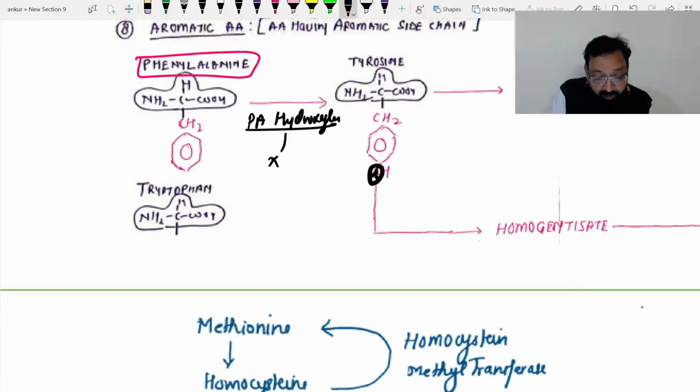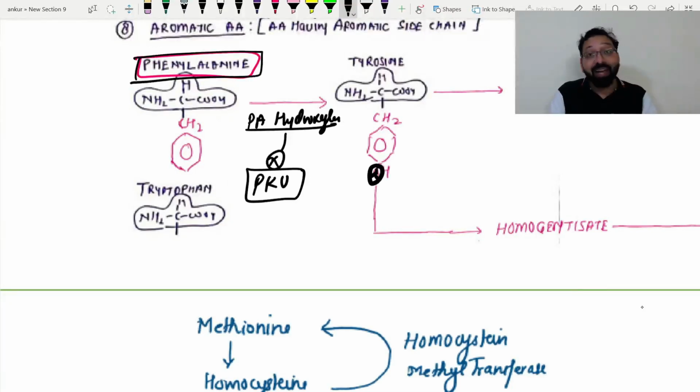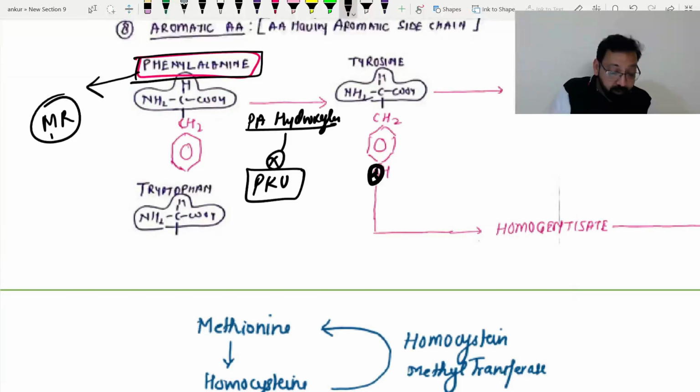If phenylalanine hydroxylase is deficient, it is phenylketonuria. In this there is a mousy or musty odor due to accumulation of a metabolite of phenylalanine. Phenylalanine will accumulate and cross the blood-brain barrier, and the patient will develop mental retardation.